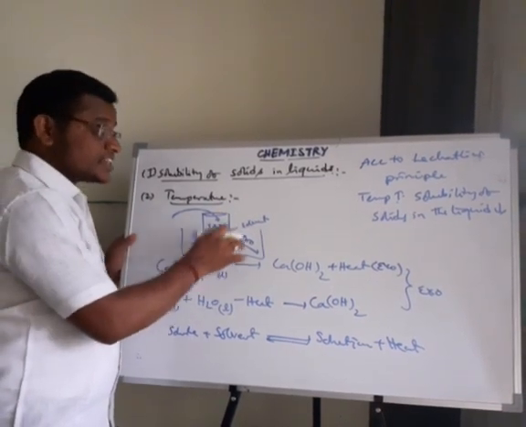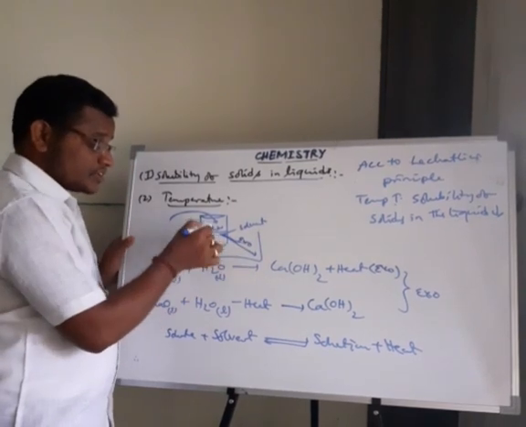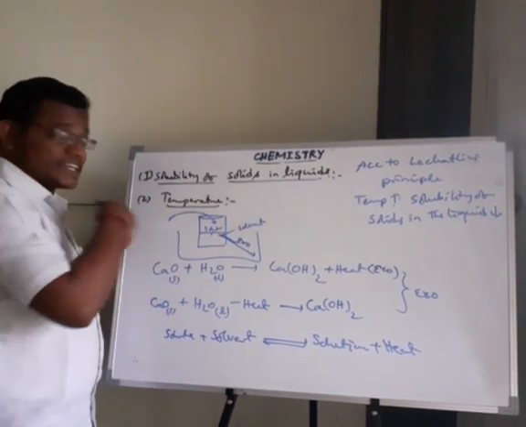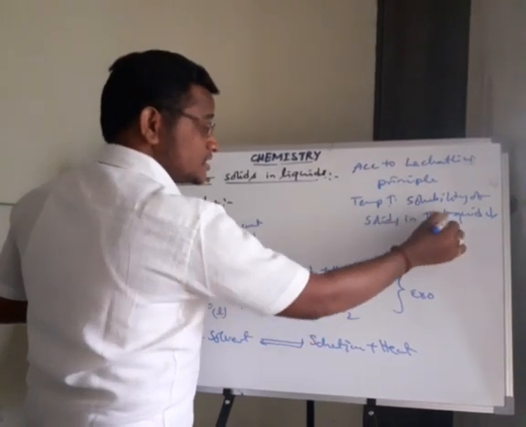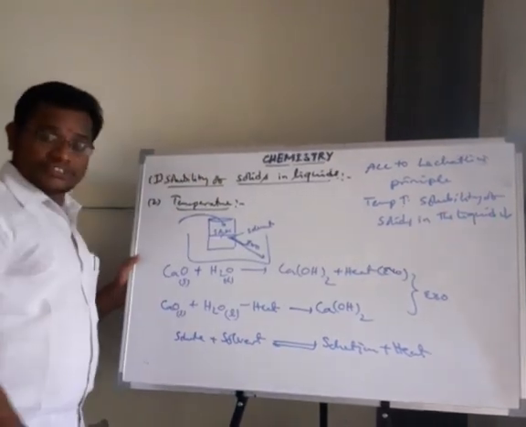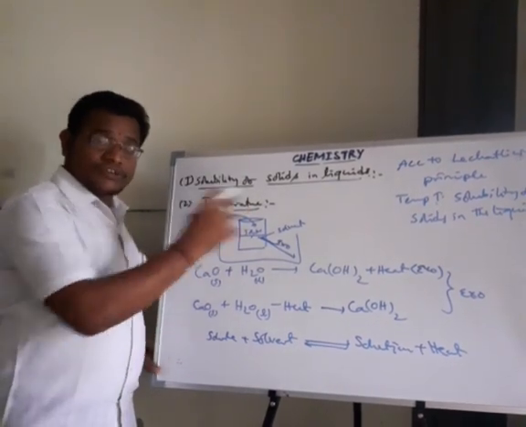In case the temperature increases, it is unable to release more heat to the surrounding. So at that time the solubility of the solute decreases. That's why when the temperature increases, the solubility of the solids in the liquid decreases. Do you understand what I say? So that is about the endothermic process and exothermic process.